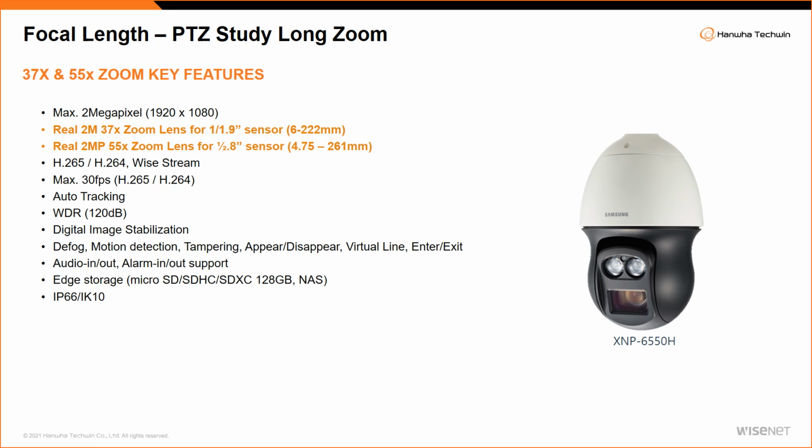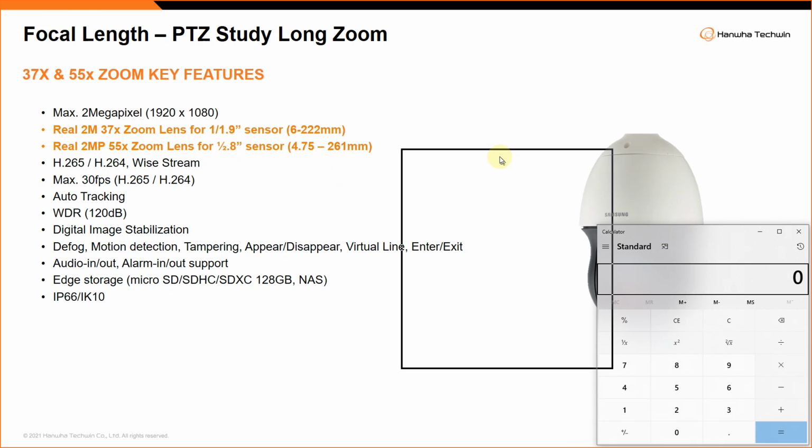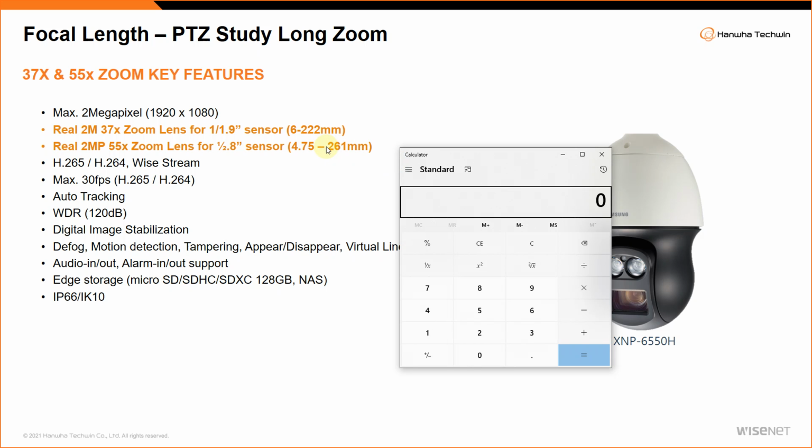How does it work? Why is it called 55x zoom? So if a PTZ camera is called a 55x zoom, that means from 4.75, from this focal length, you can go 55 times.